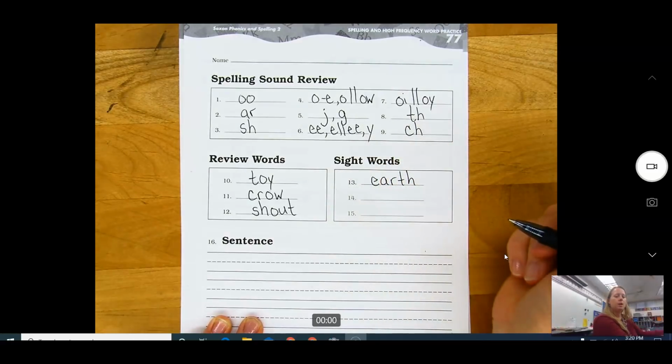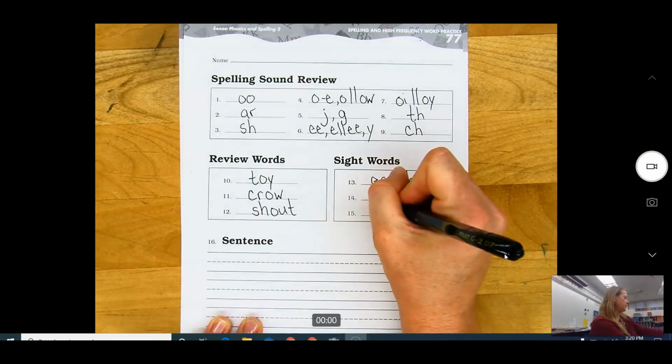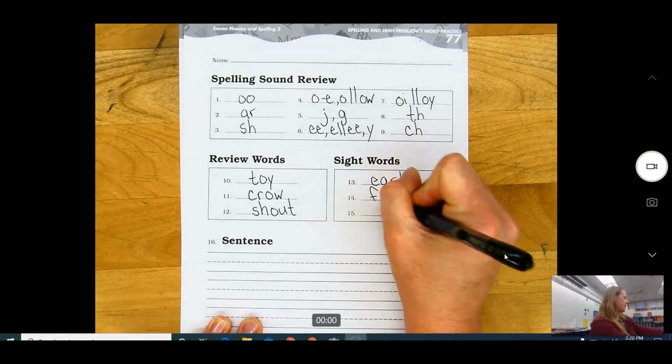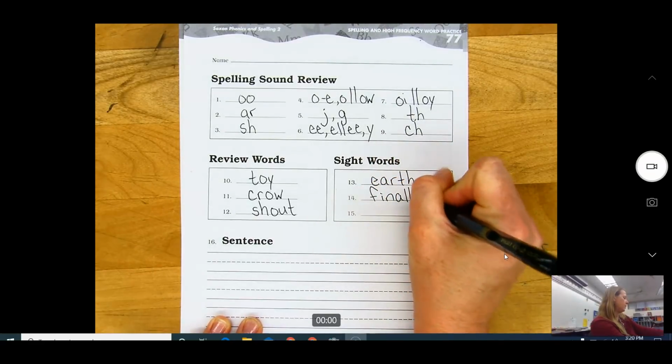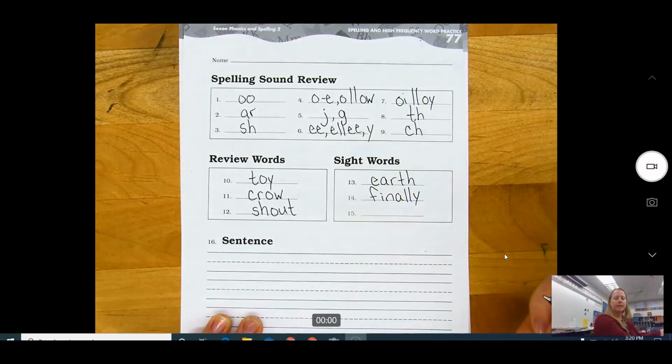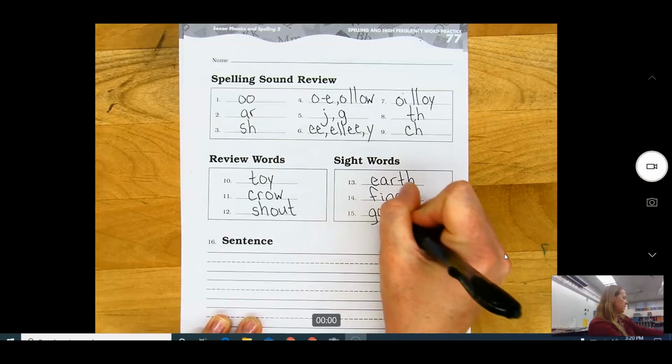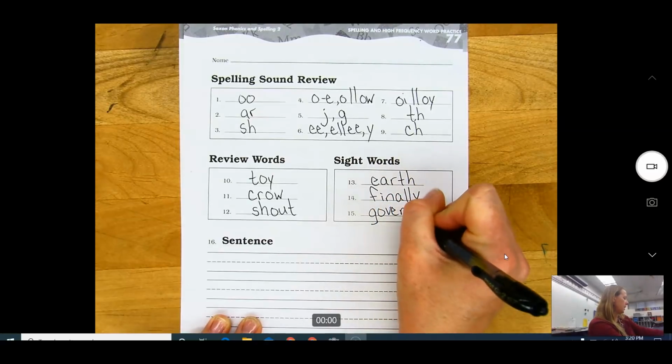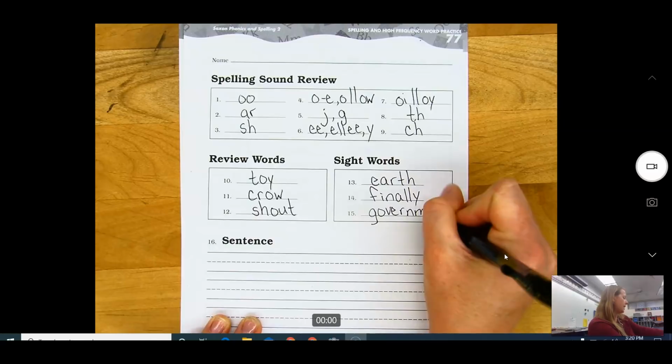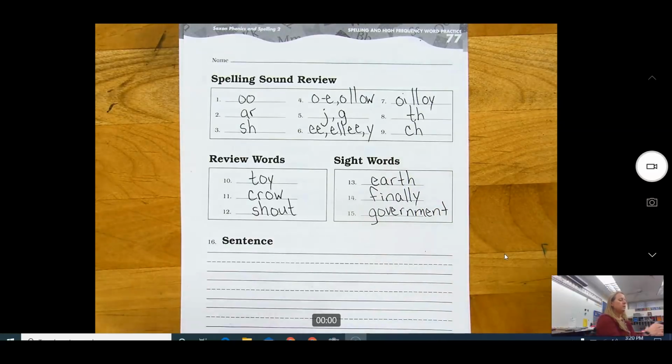E-A-R-T-H. Number 14 is finally. F-I-N-A-L-L-Y. And number 15, government. G-O-V-E-R-N-M-E-N-T.